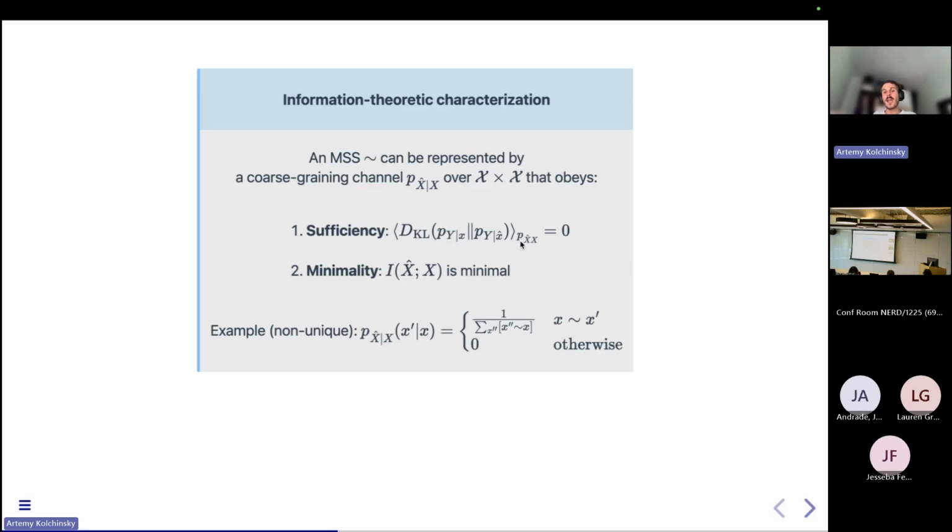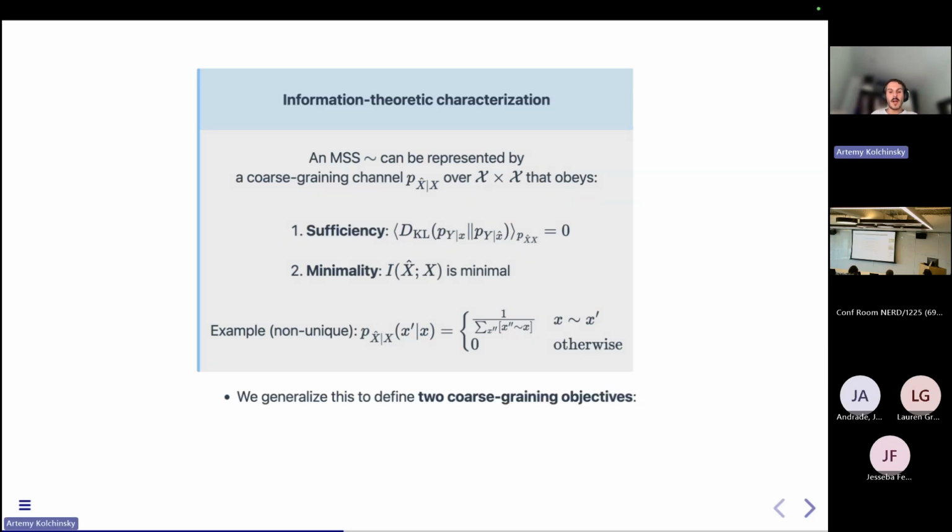But there's a constraint, and there are several ways to write it, that the Kullback-Leibler divergence between y conditioned on x and y conditioned on x hat is 0 on average. Because this is non-negative, that means it has to be 0 everywhere. And all this is saying is that this coarse graining map only maps inputs to inputs with some positive probability if they give exactly the same predictions.